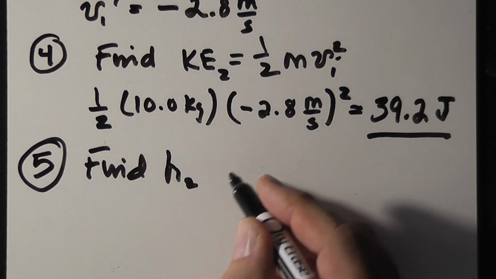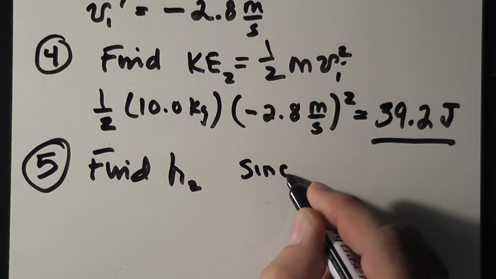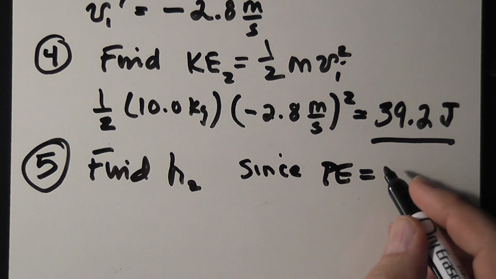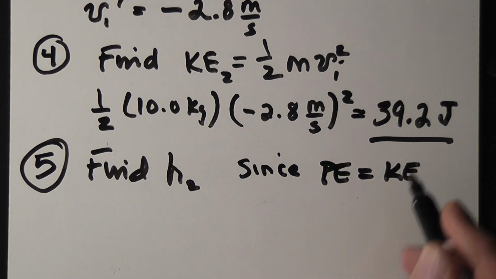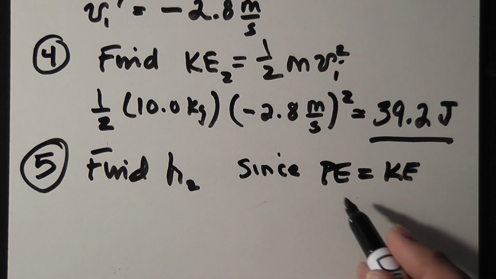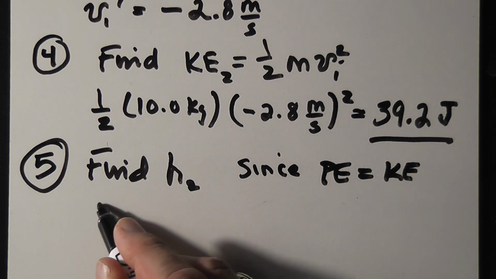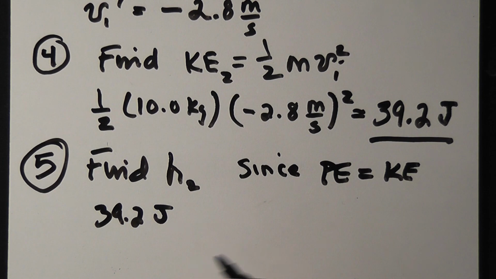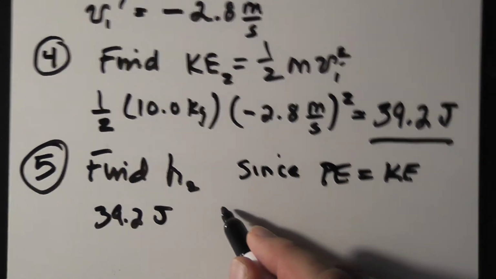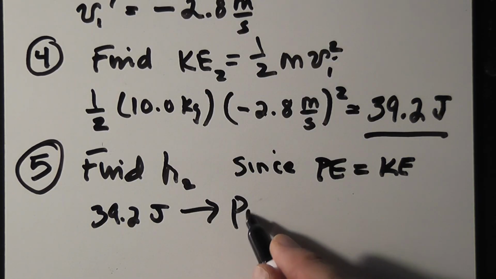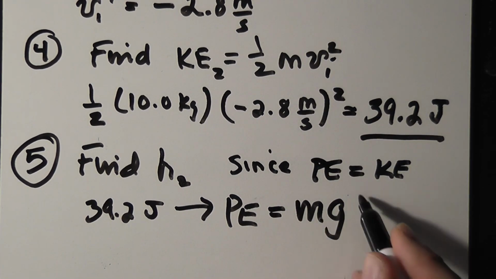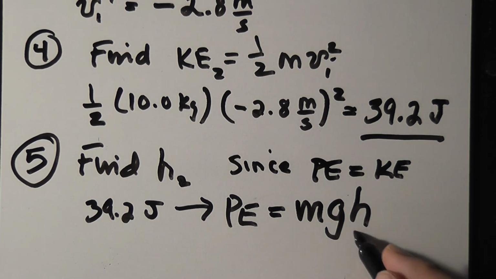Well, since the problem is conservative, the potential energy is equal to the kinetic energy. So our energy was 39.2 joules. We can use the potential energy equation to find the height. Potential energy is equal to mgh, and that h is what we're interested in.